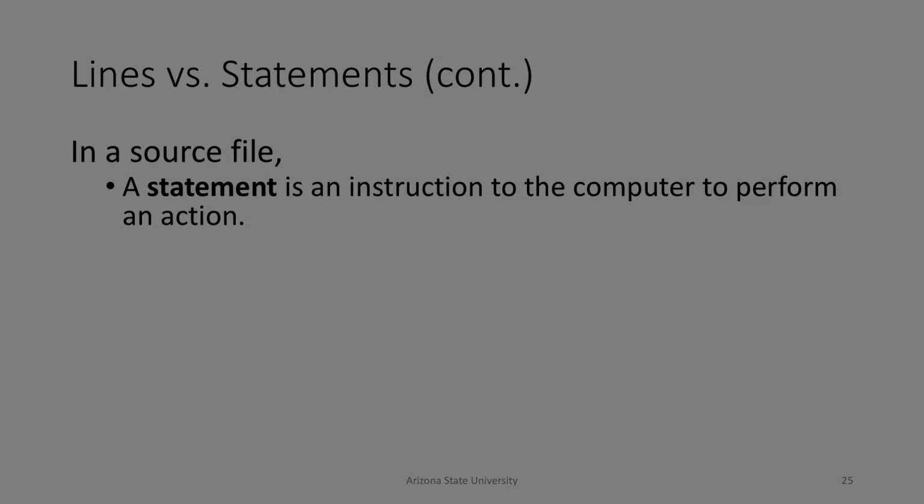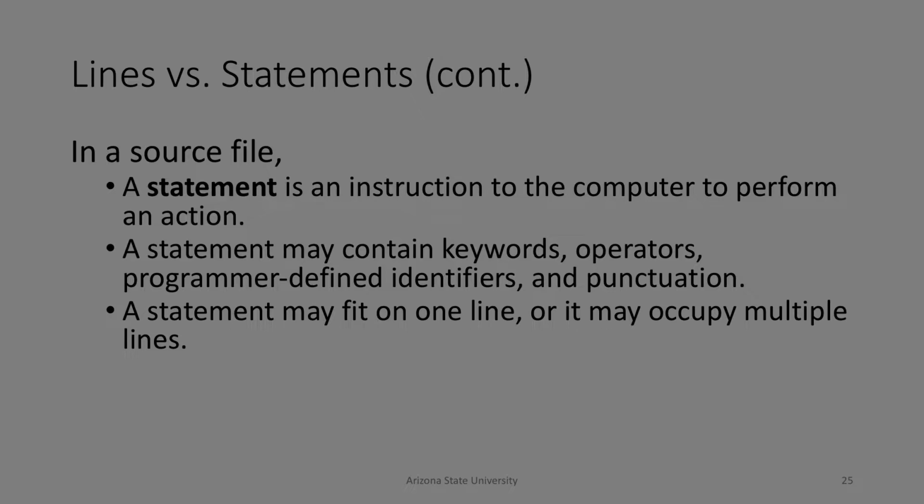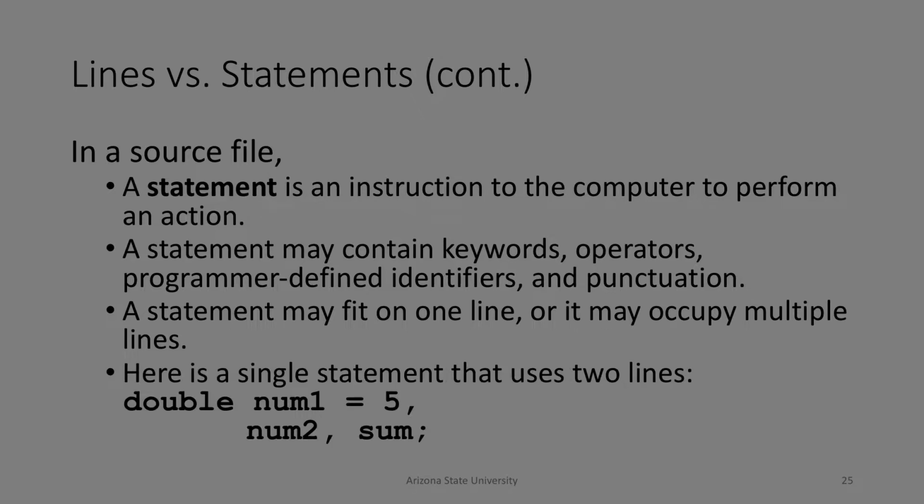It's an actual instruction. It's a whole instruction, and it can be any combination. We'll see many types of statements as we go through the class. But if you just ignore all this for a second, you can think of a statement as anything that starts at the beginning, right after a semicolon, and goes until the next semicolon.